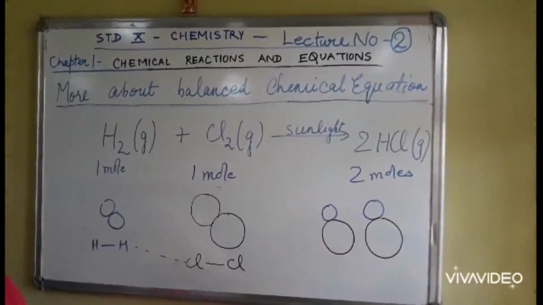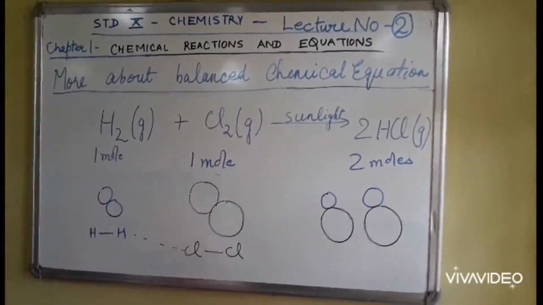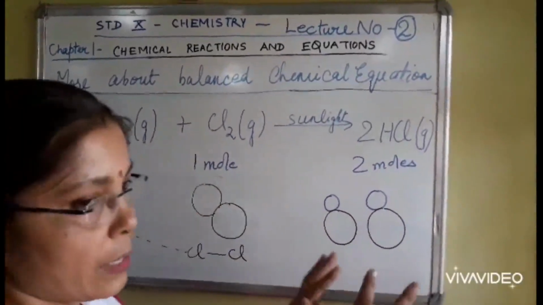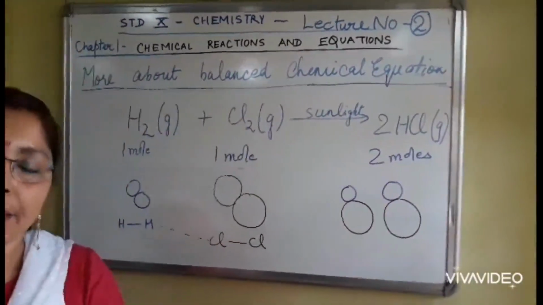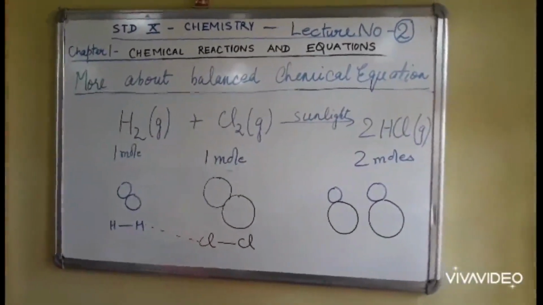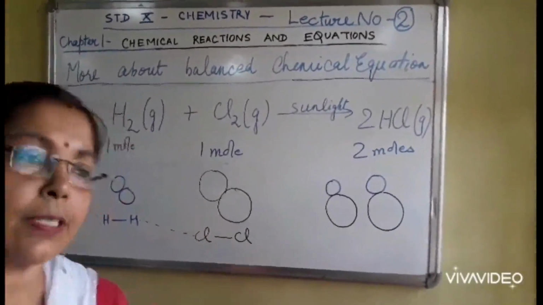This is another method of understanding law of conservation of mass, in which the number of atoms remain conserved. Once the number of atoms is conserved, means matter is conserved, and that is law of conservation of mass.